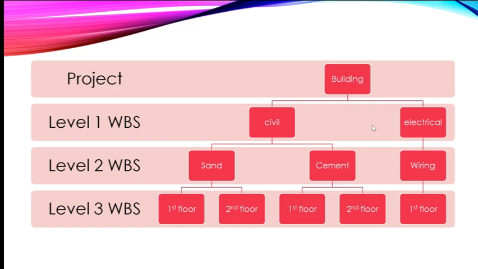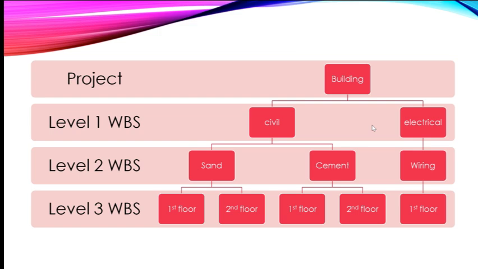That's the reason I am exploring it this way. We can explore it in other ways also, but however, the last level of the WBS will be the first home, second home, third home, fourth home of each floor. In this way we can have the project structure.